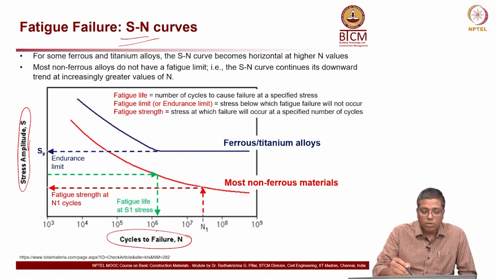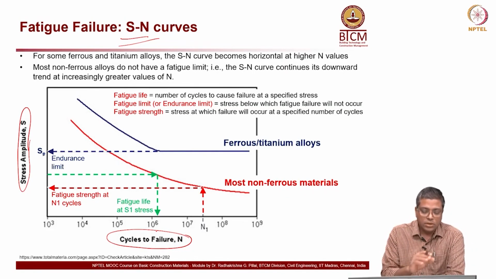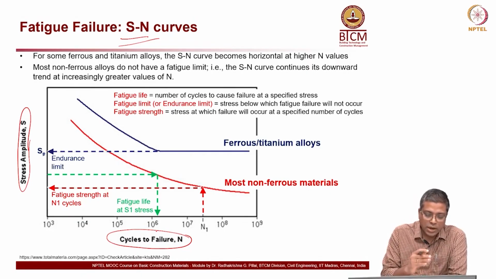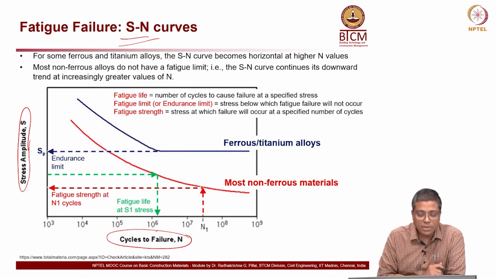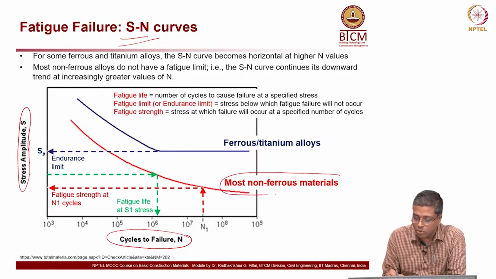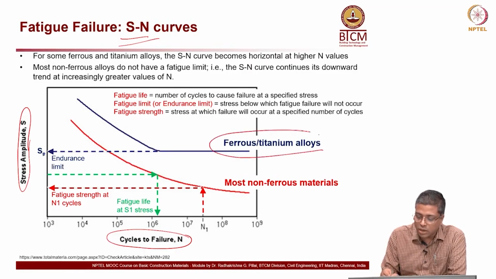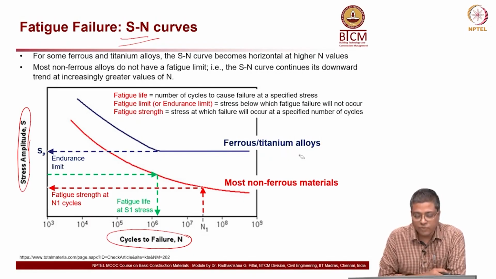Now, you can see two curves here, one is a red curve and another one is a blue curve. The red curve is for most non-ferrous materials, and the dark blue one is for ferrous or titanium alloys. So, let us first discuss the ferrous or titanium alloys and then we will go to the non-ferrous material.